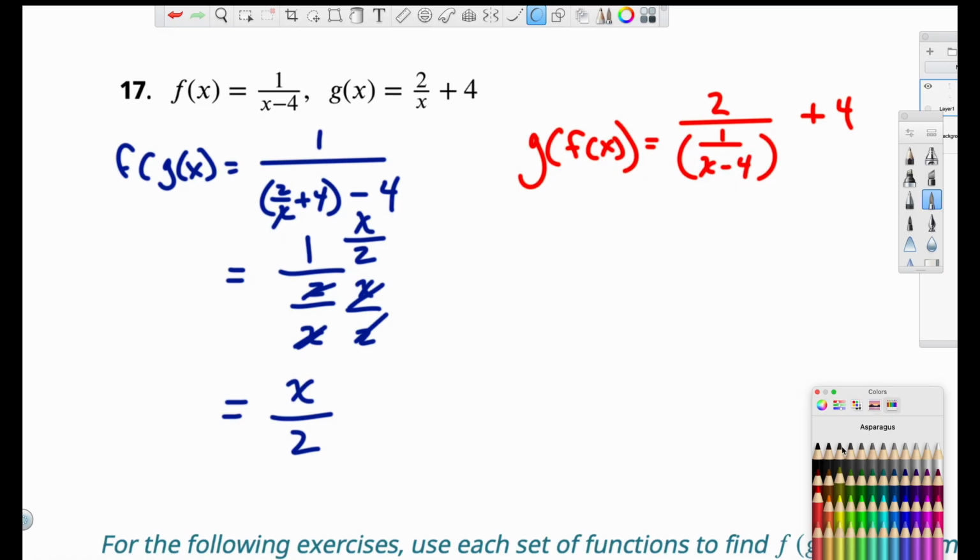How about we multiply x minus 4 top and bottom here? So if I distribute that, I get 2x minus 8. See, in the denominator, these cancel. And then I have a plus 4 still sitting out over here. And then 2x minus 8 plus 4 is 2x minus 4. And that's my answer for that one.